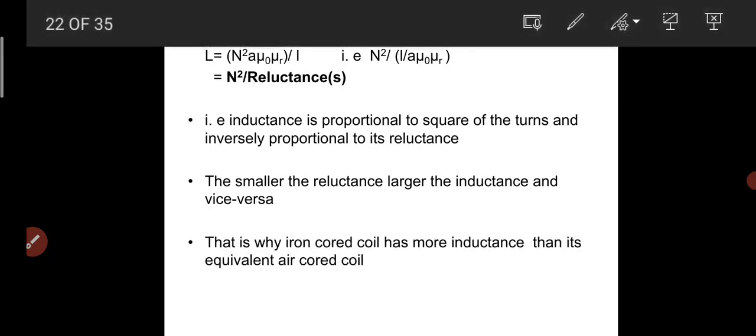That is why an iron core coil has more inductance than its equivalent air core coil.